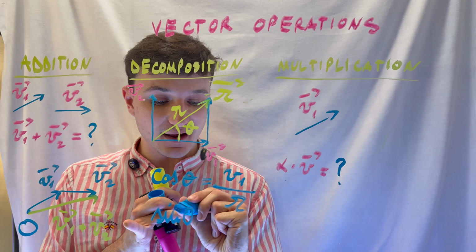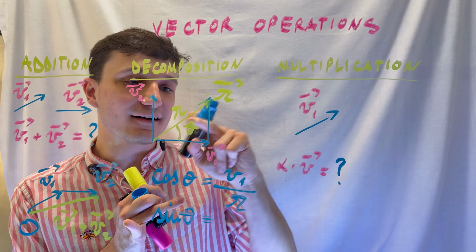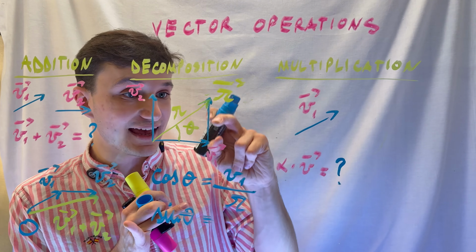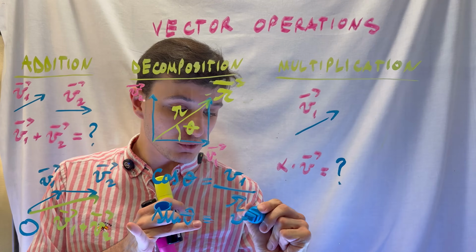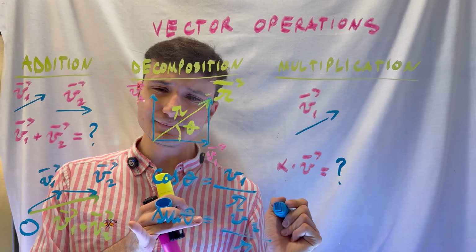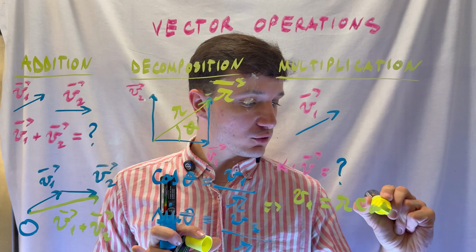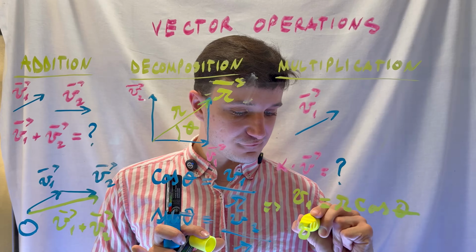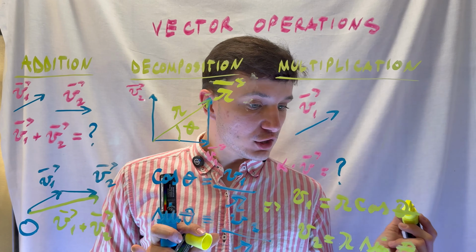Sine of theta, of course, will be the length opposite to the angle, so the one farthest from the angle. So this distance right here, which is v2, divided by the hypotenuse, which is r. If we rearrange the terms, we see that v1 will be r cosine of theta, and v2 will be r sine of theta. So we did it.